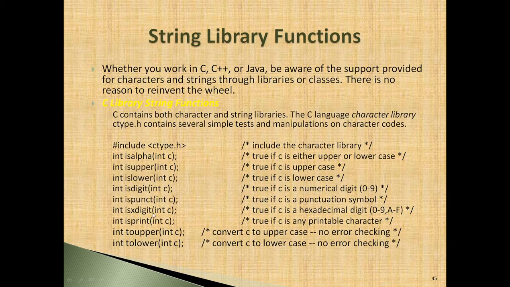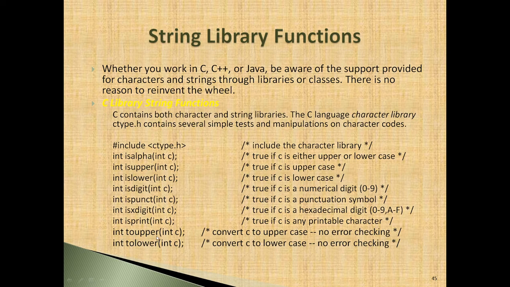Generally this is used to represent hexadecimal digits, that is 0 to 9 and A to F. Next, int isprint(int c). If I want to display any printable character on screen, then I need to use isprint.